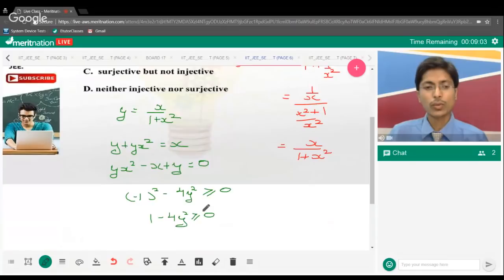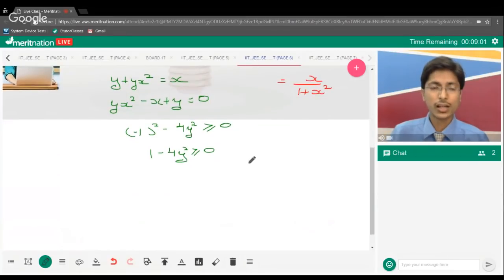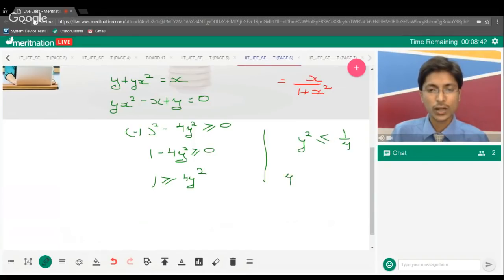If minus 4y square is taken on the right hand side, we'll be having 1 is greater than or equal to 4y square. Or basically I can write it like this: y square is less than or equal to 1 by 4. So that will convert into y square minus 1 by 2 square is less than or equal to 0.